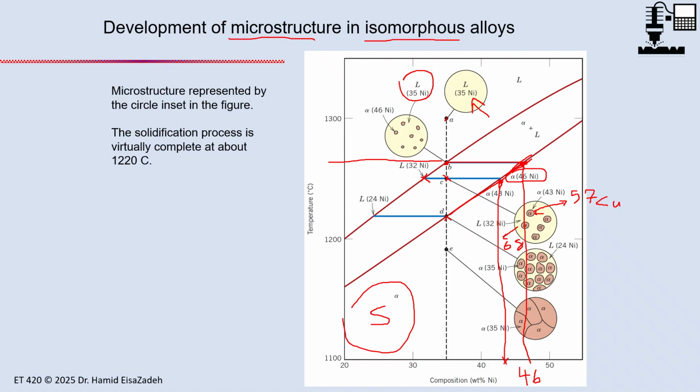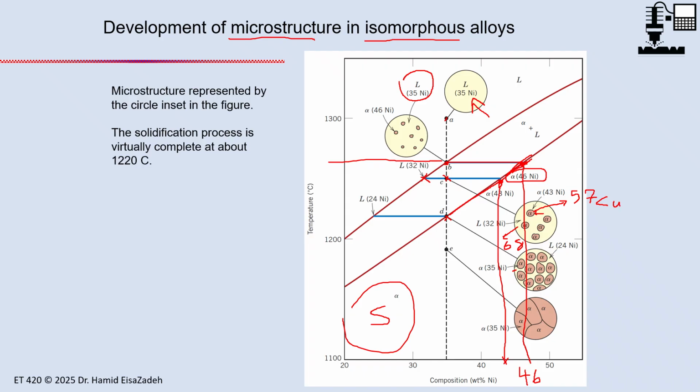Again, we need to come down. When we reach point D, we reach the solidus point, the solidus line. We have A, which has 35% nickel, and liquid. The liquid is going to be 24% nickel.